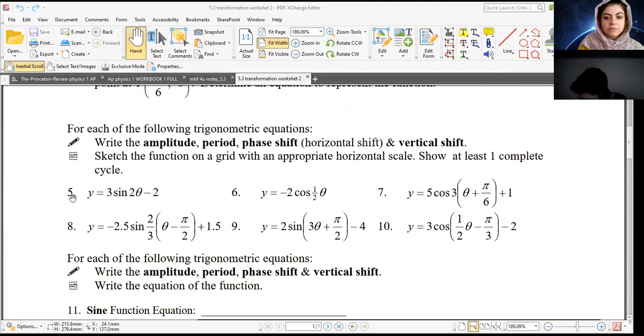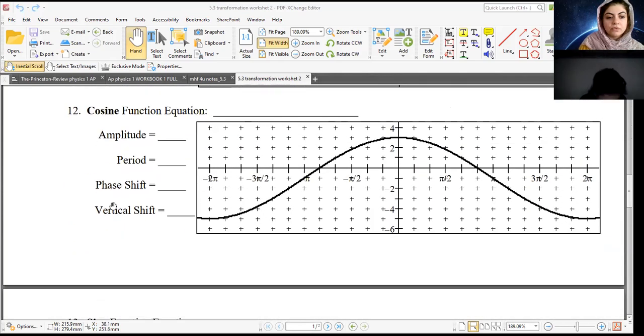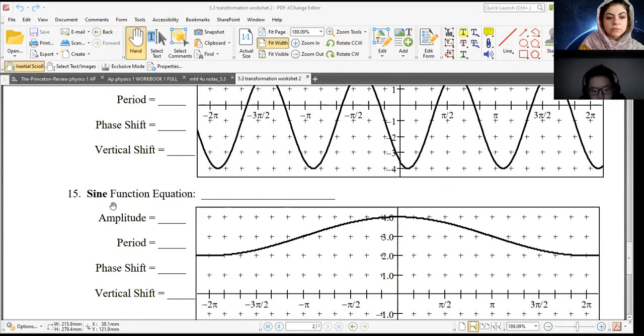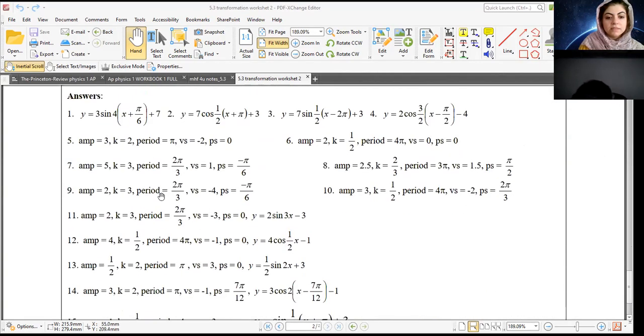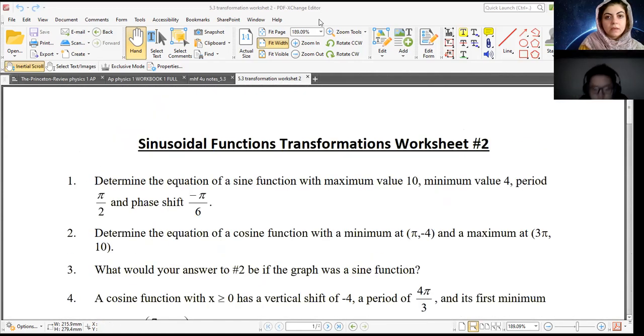Question number 5, 7, and 9. This is very important. Question number 11, 12, 13, 14, 15. So the answers are here. What I'm looking for is that you understand it.